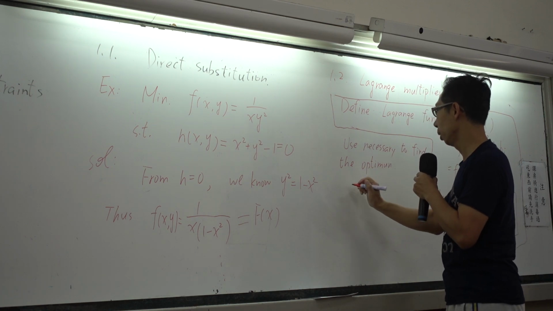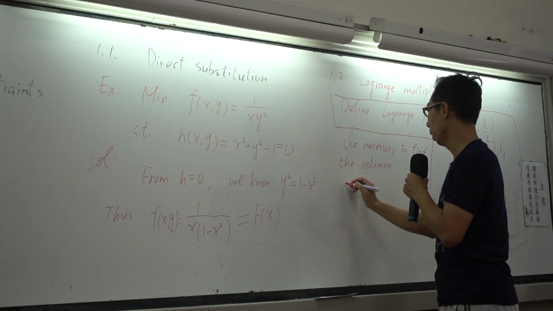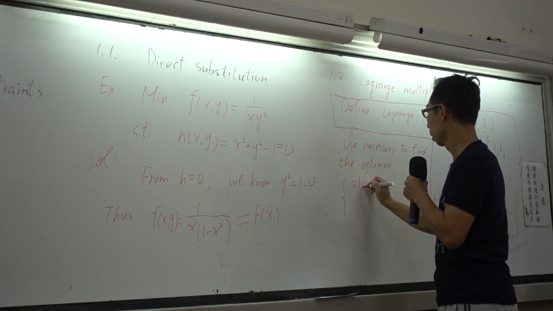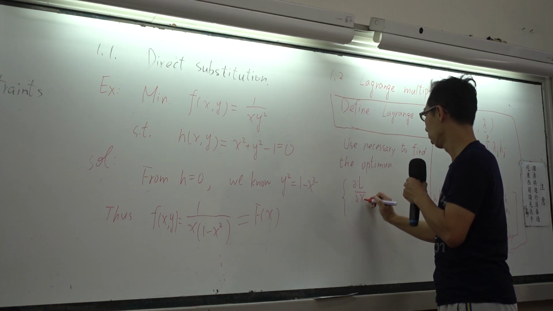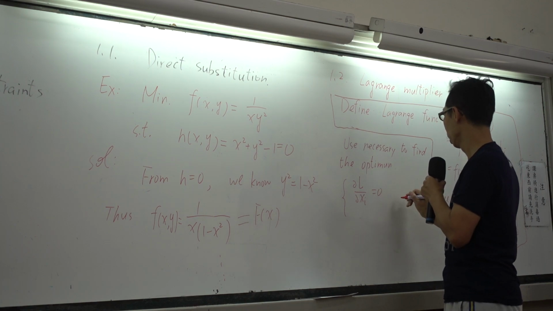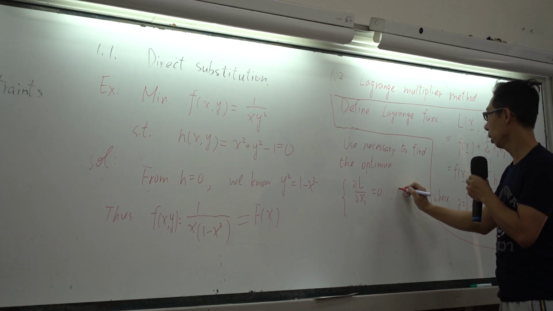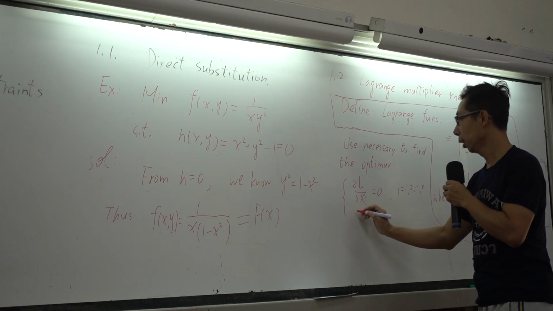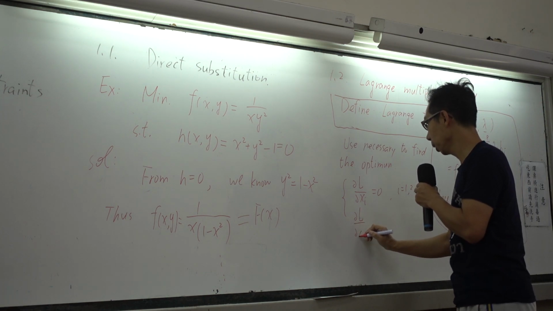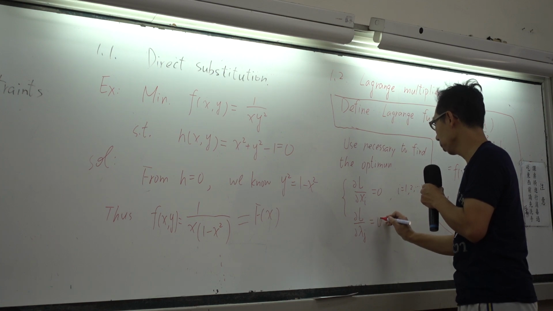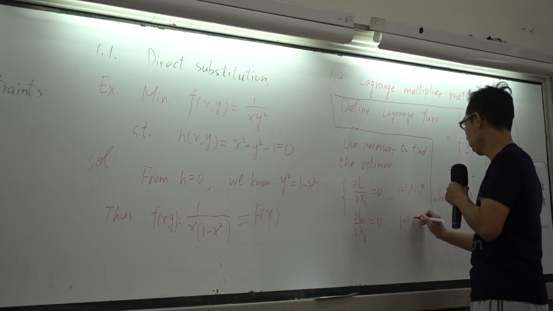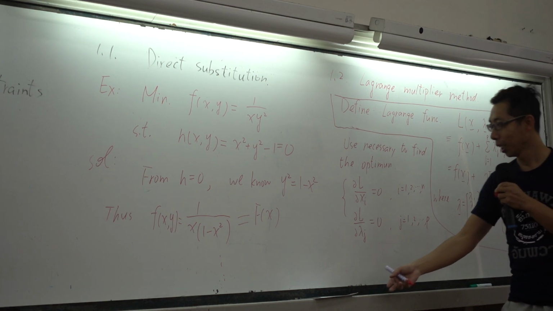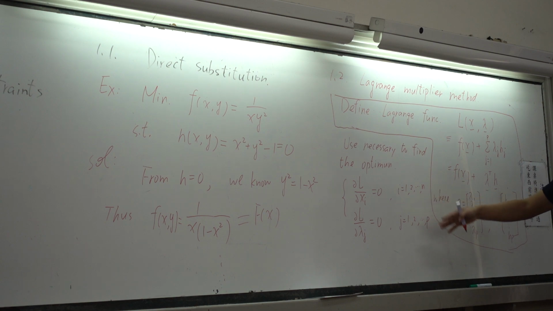What are the necessary conditions? The partial derivative of L with respect to xi equals 0, for i from 1 up to n, and the partial derivative with respect to lambda j equals 0, for j from 1 up to p. That's it.